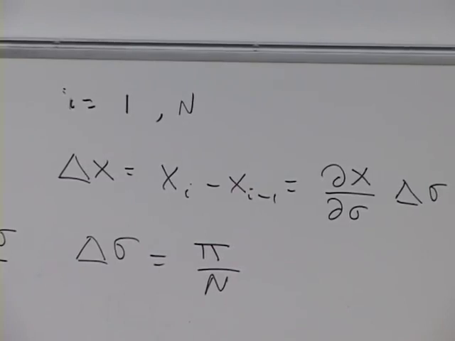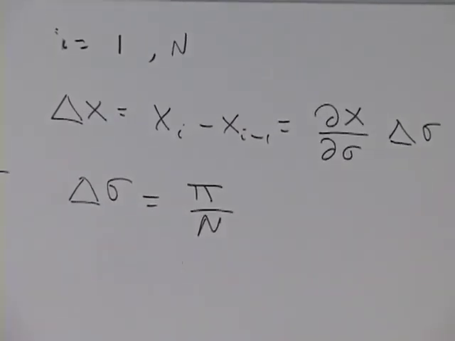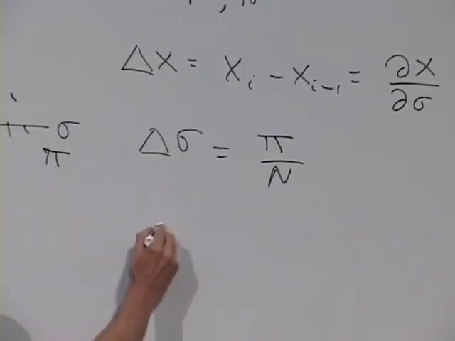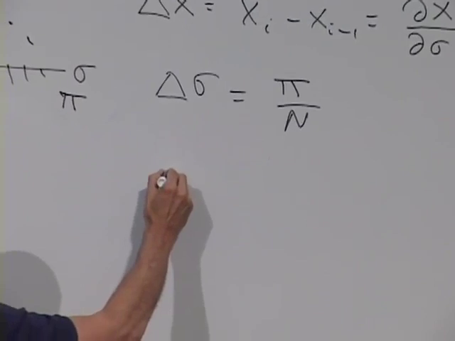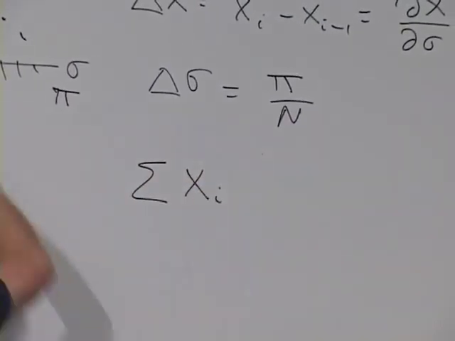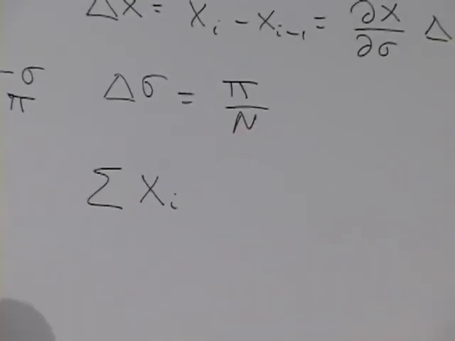And finally, that was the formula for derivatives, now the formula for integrals. Let's first imagine adding up all the x's, the sum of all the x sub i's. What's the approximation for that?